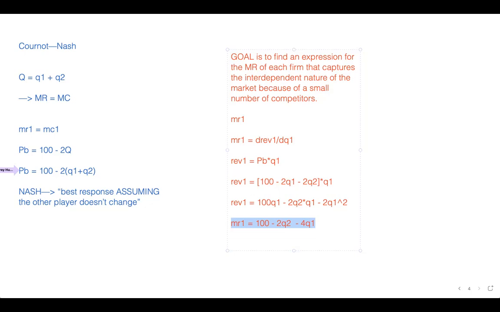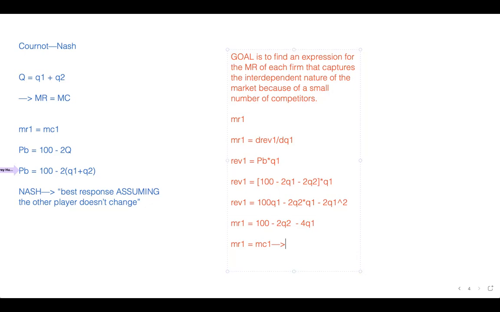And so given that I hear no objections, we would simply take MR1 and set it equal to MC1. Okay, but what you all might notice at this point in time is we're kind of stuck because MC1 is going to be a function only of Q1.